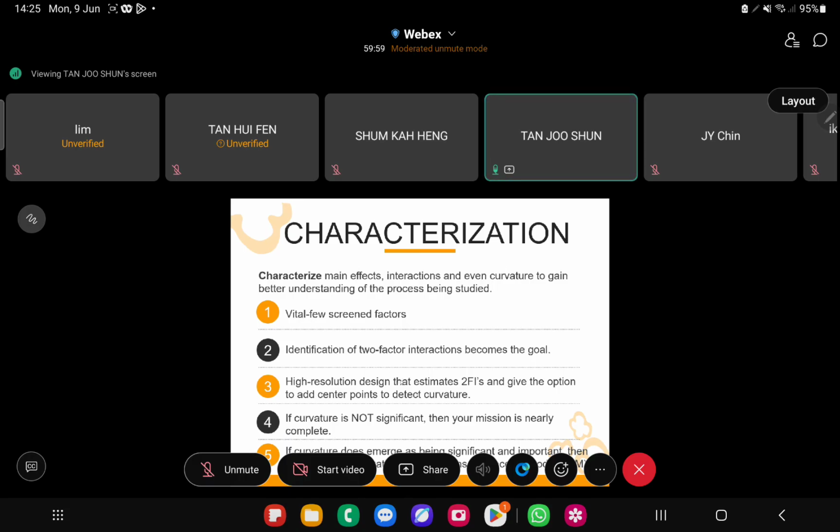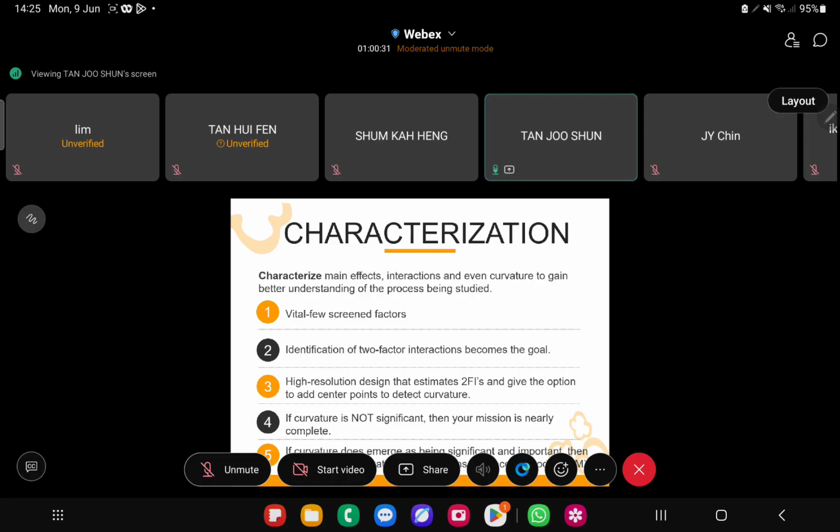But curvature is not important here, because you have the improvement to find the curvature later. So the main goal for characterization is to find the main effect and interaction effect. Make sure that you double confirm whether it's significant or whether they have an interaction effect or not.